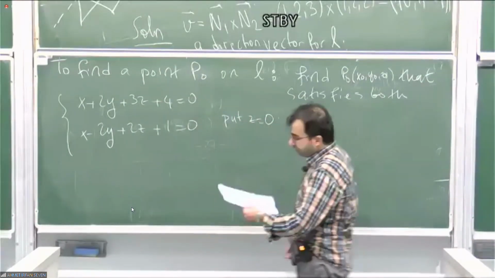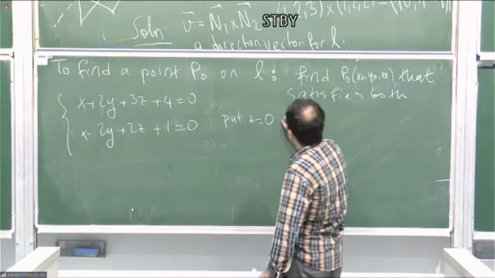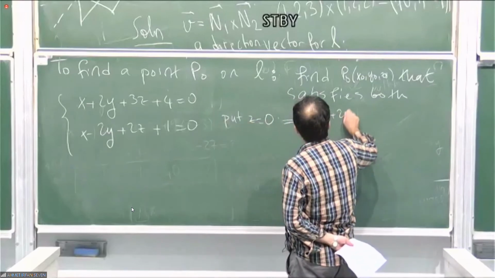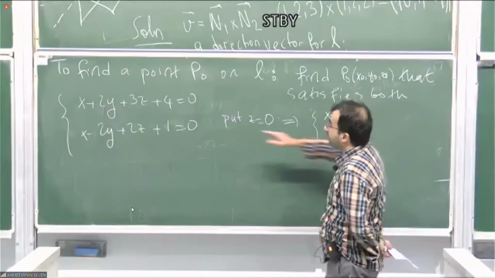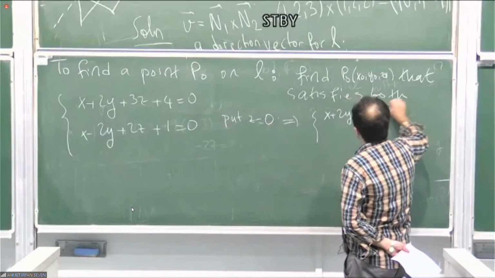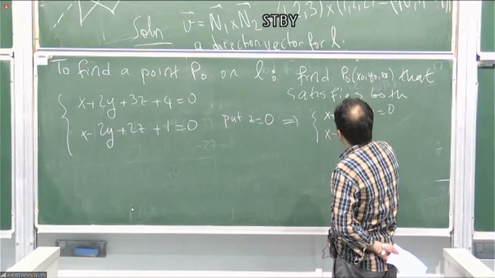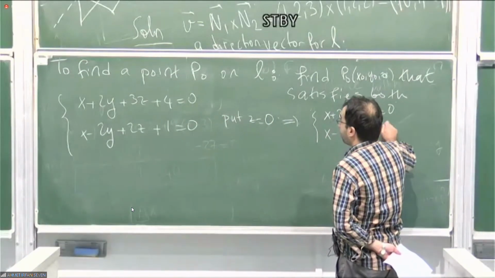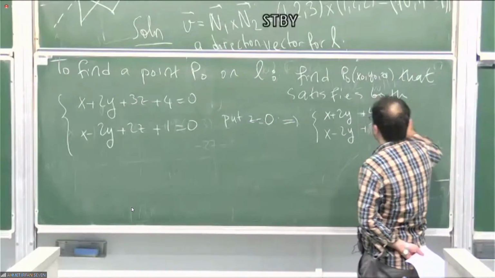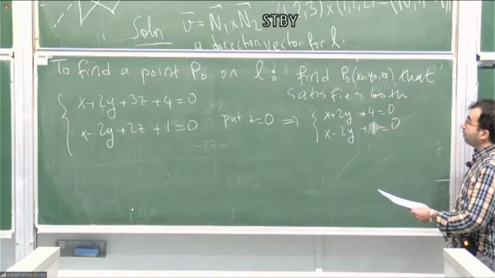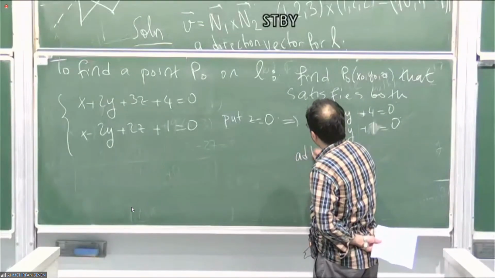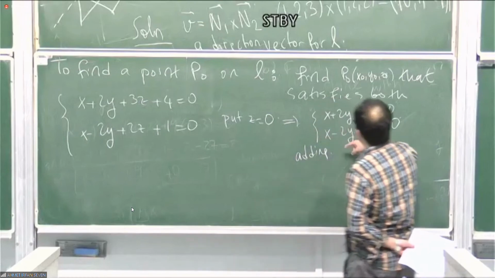I put z equals 0. Then what will be my equations? x plus 2y equals minus 4, and x minus 2y, z becomes 0 already, equals minus 1. I suggest to take the sum of these 2 equations. What do I get?